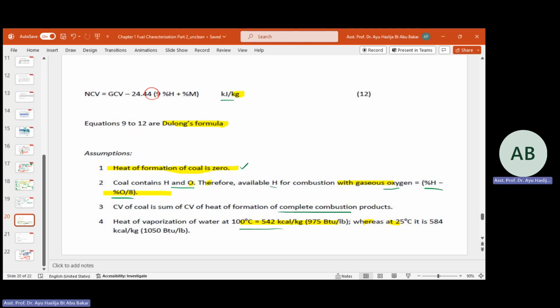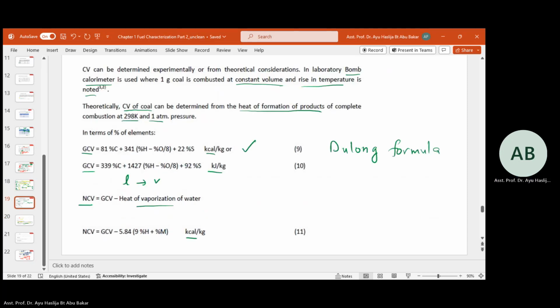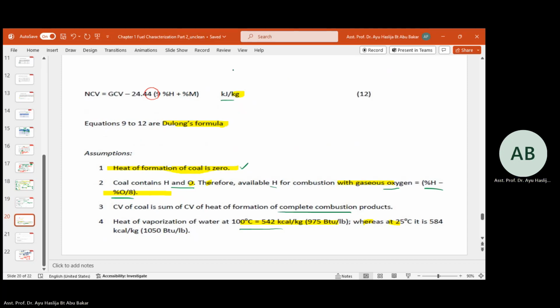If complete, let's say there is carbon, hydrogen plus the air.